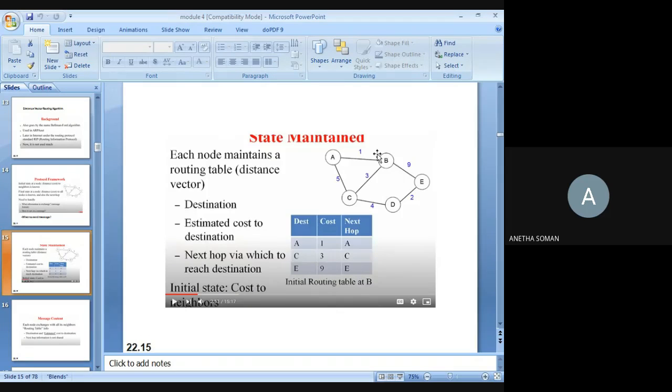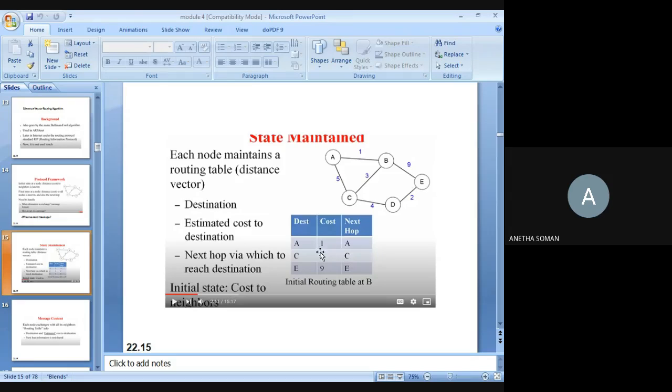Now, if you are assuming this node B, who are the neighbors of B? You are having A as the neighbor, C as the neighbor, and E as the neighbor. The meaning is you have got a direct link to those nodes. So these are the destinations now. B can reach A, B can reach C, and B can reach E. They are the immediate neighbors.